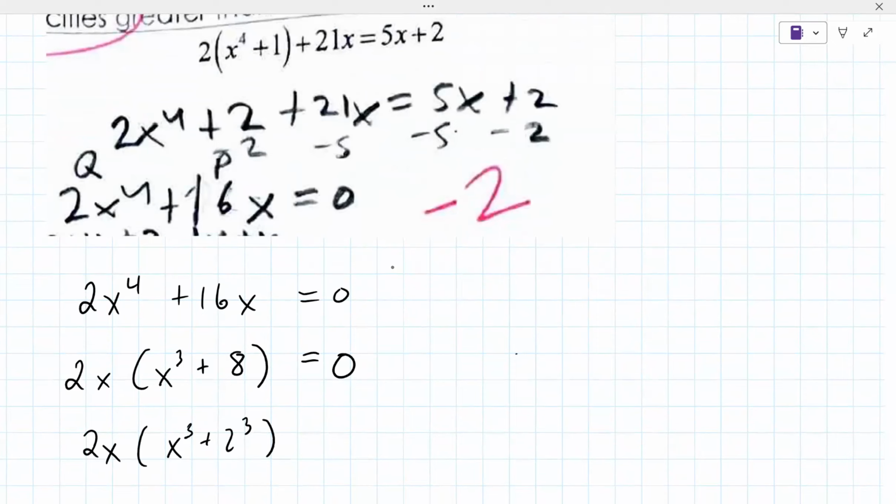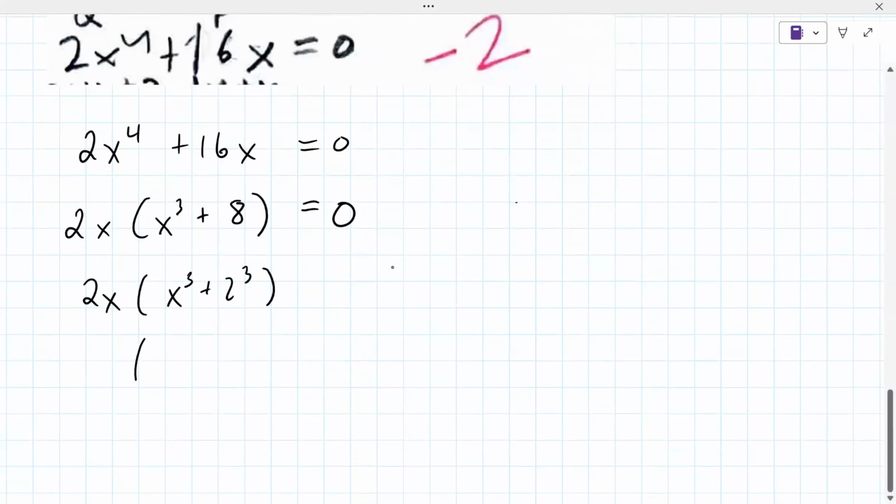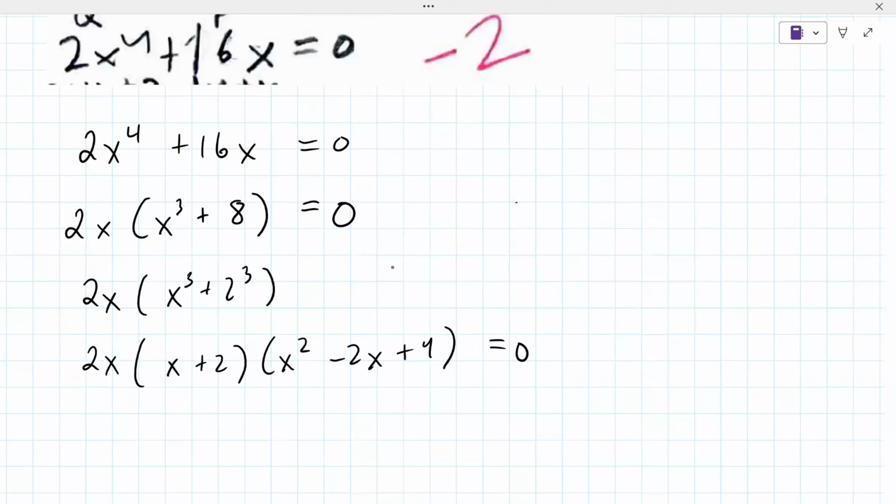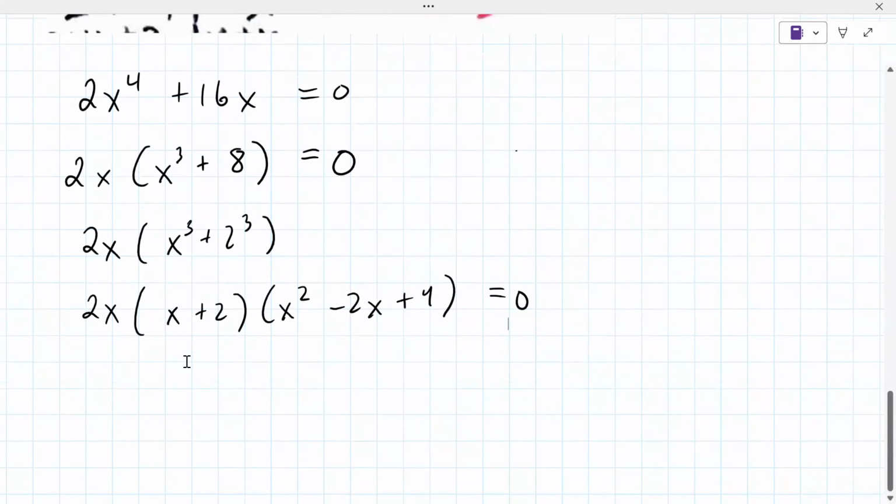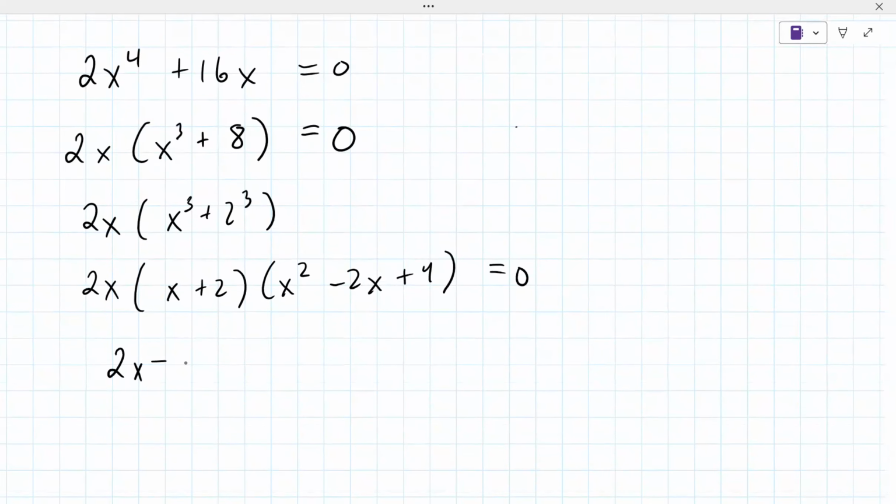Then x plus 2, and then x squared minus 2x plus 4. Yeah. So this is the preferred way to do it, not synthetic division. So you said 2x equal to 0, x plus 2 equal to 0, then x squared minus 2x plus 4 equal to 0, which is where you're using the quadratic formula.